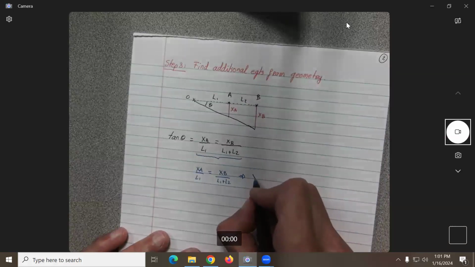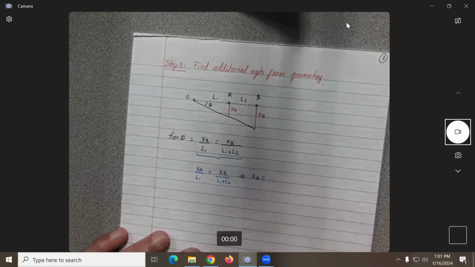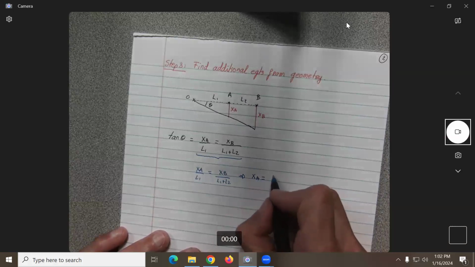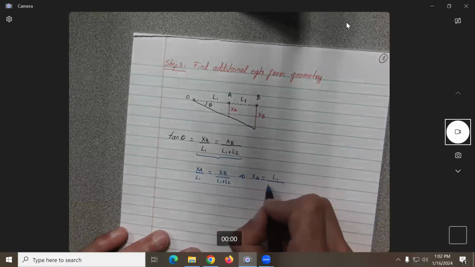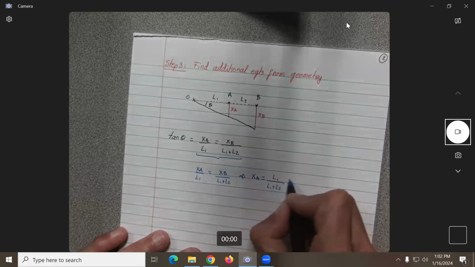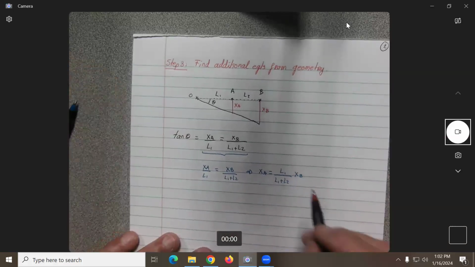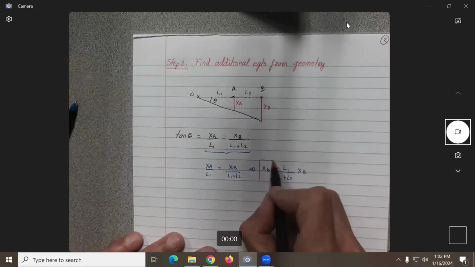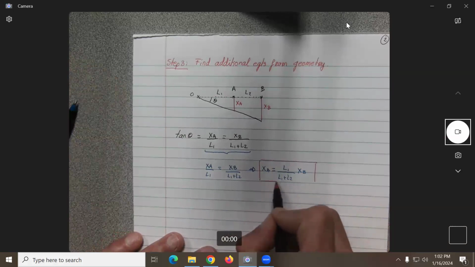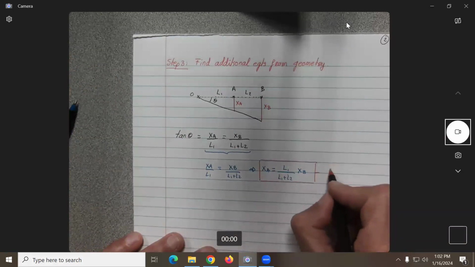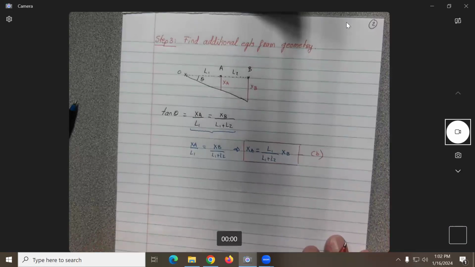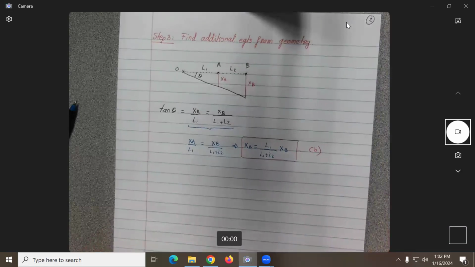Remember, we want to rewrite X sub A in function of X sub B, so it will give you X sub A equal to L1 divided by L1 plus L2 times X sub B. So let's say this is our equation 2.